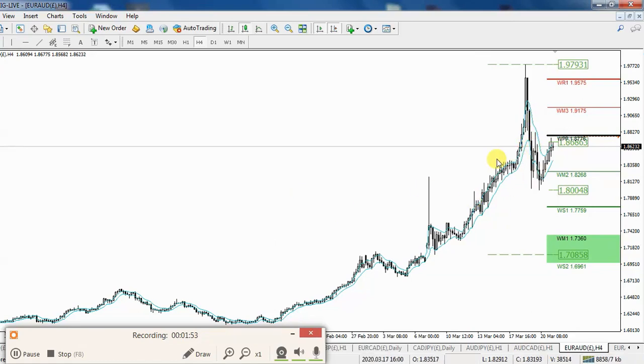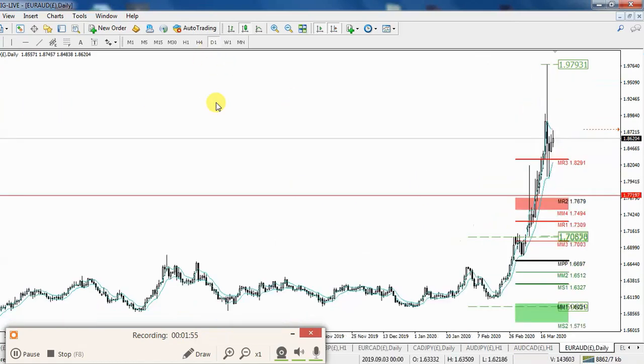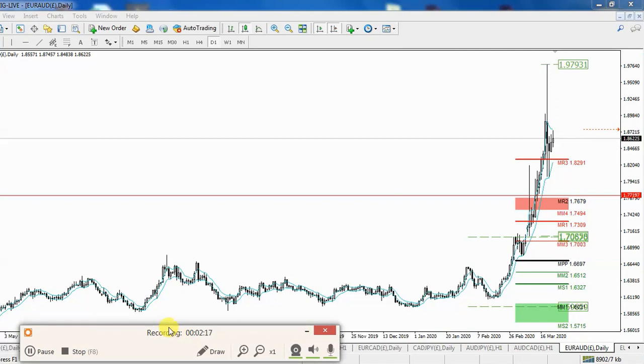But of course we have to be cautious, because we've seen, was it last week or the week before, I want to remind everyone that this pair covered 1,000 pips in 1 hour during the flash crash, which is a lot. That's why we use stop losses, and that's how we protect ourselves to not blow up the accounts.